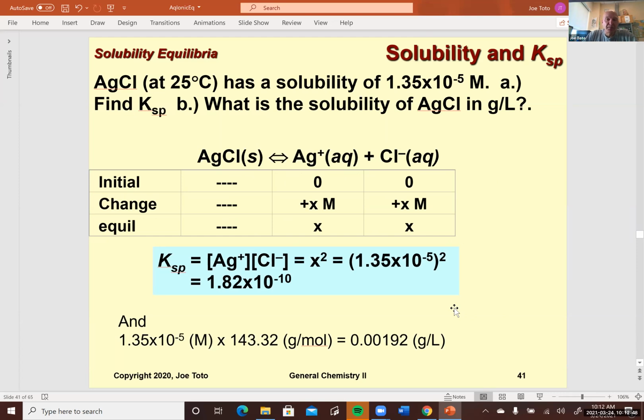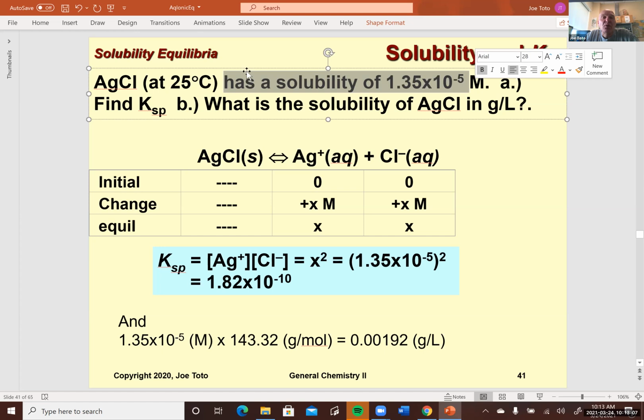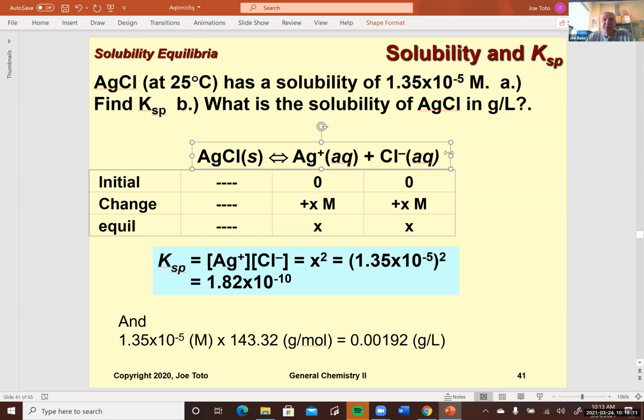Here's an example. I have silver chloride solid in equilibrium with its ions. So I can set up the ice table. In this case, they told me what the solubility is. It has a solubility of this amount. What is the Ksp? So I'm going to have to relate the solubility. So we see the familiar ice table here.